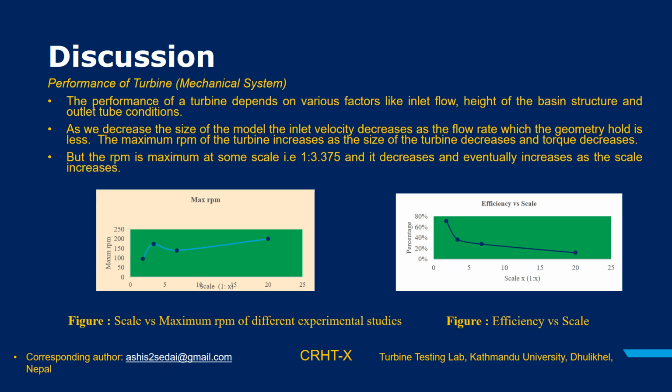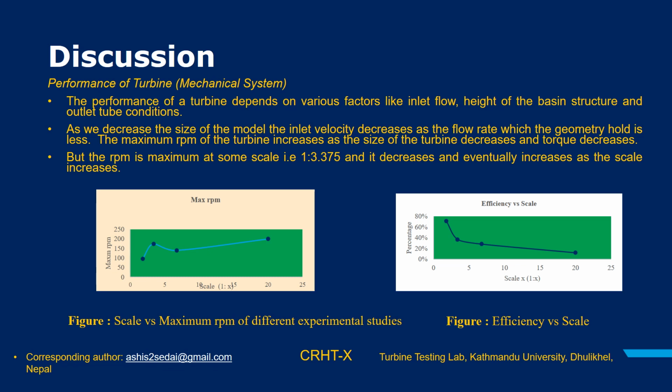From the graph, it is clear that the case study we performed on the 1 to 20 scale has the least efficiency compared to the other scales. So it is clear that as we scale down the model, the efficiency gradually decreases.